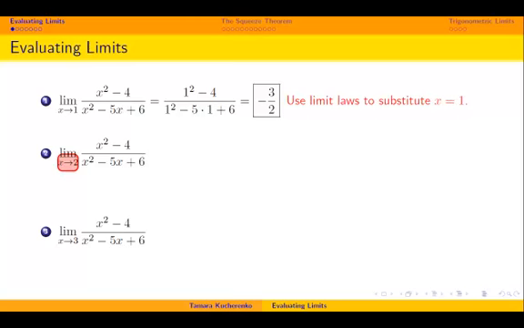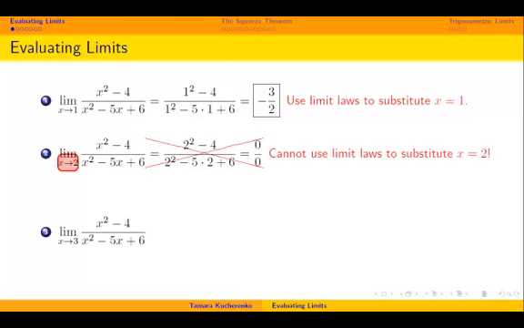We plug in 2 for x and obtain 2 squared minus 4 over 2 squared minus 5 times 2 plus 6, which gives 0 in the numerator and 0 in the denominator. Since division by 0 is not allowed, we cannot use limit laws to substitute x equals 2.